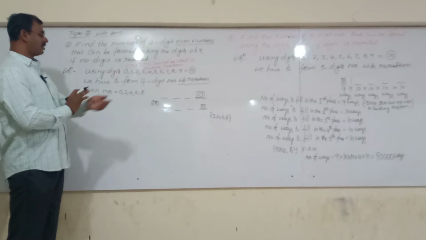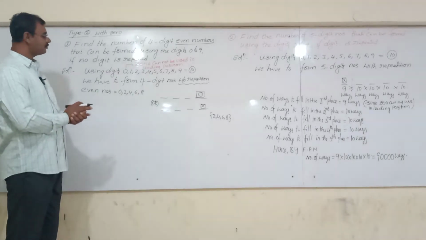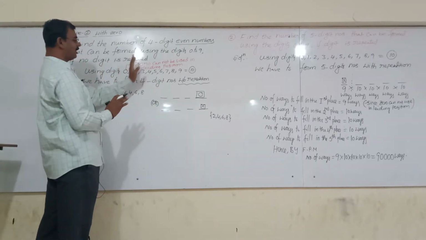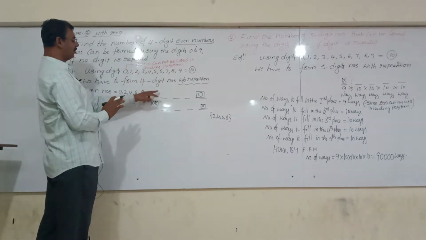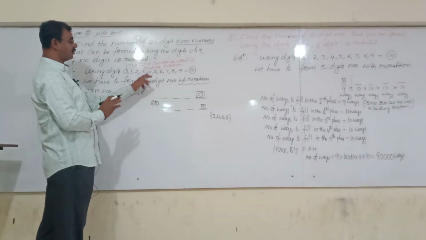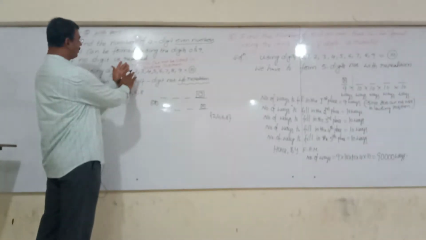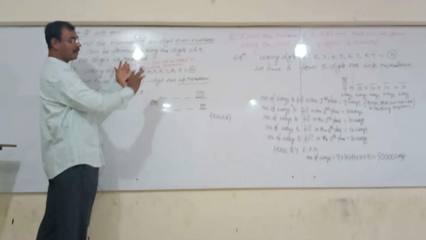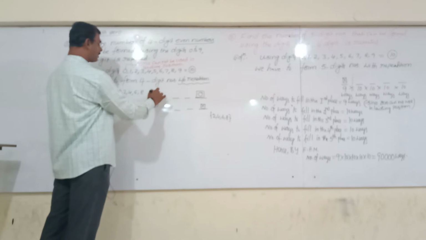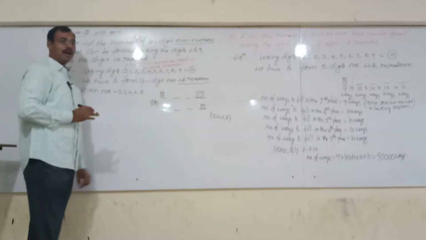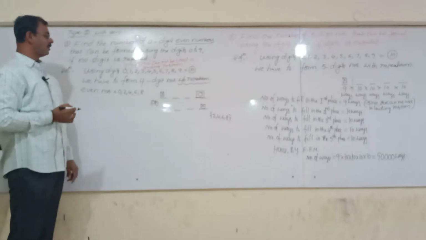Now, if I fill 0 in the unit place, that means 0 is not allowed elsewhere. Now, how many digits are left for the leading position? Either 1, either 2, so on, either 9. Total digits are 9. These 9 digits, how many ways could I fill the leading position?